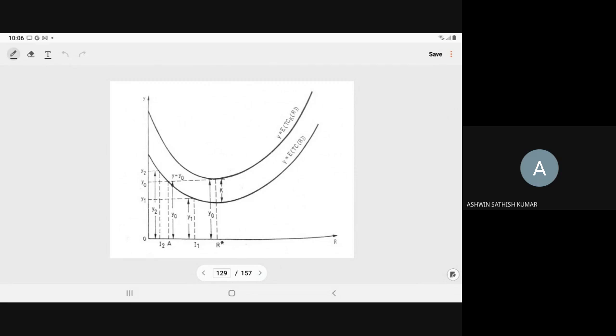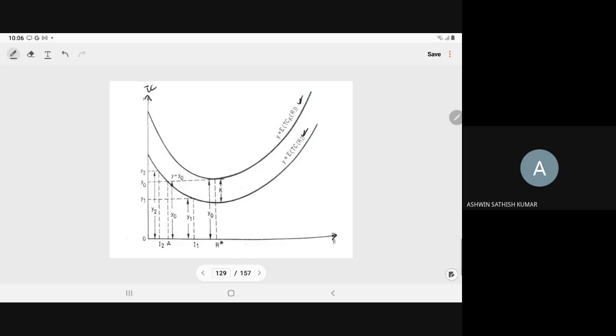On this side we have R and on this side we have the cost, whether the setup cost K is non-zero or zero. The lower graph corresponds to ETC(R) and the upper graph corresponds to ETCK(R).